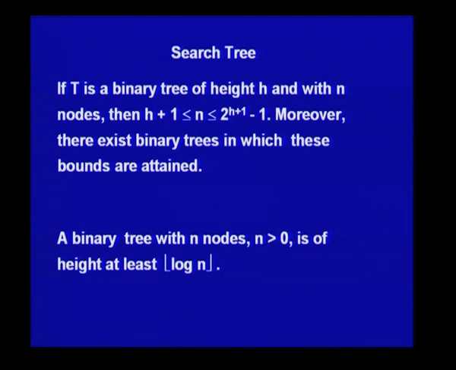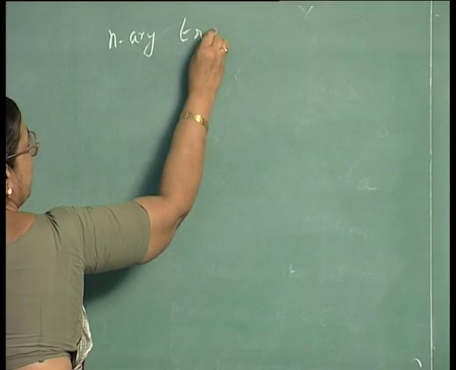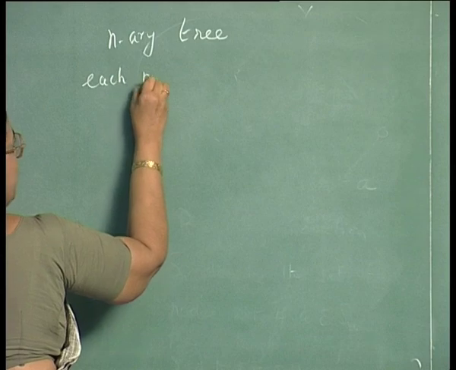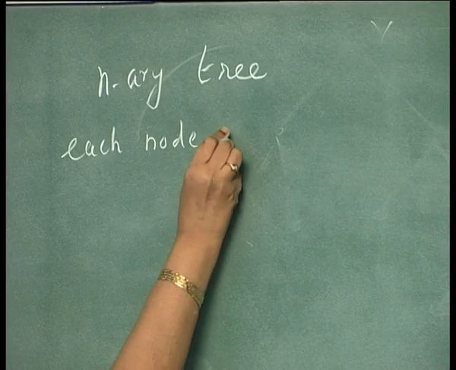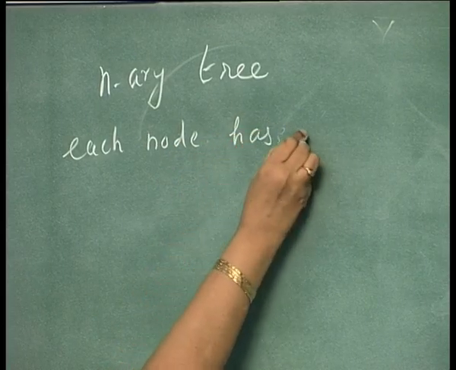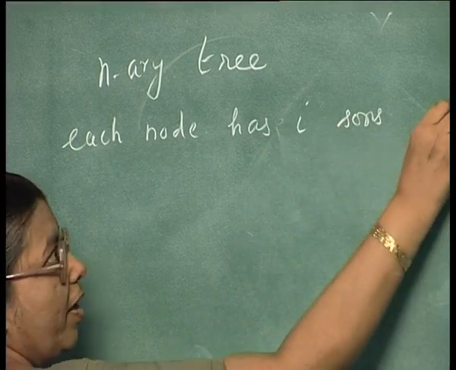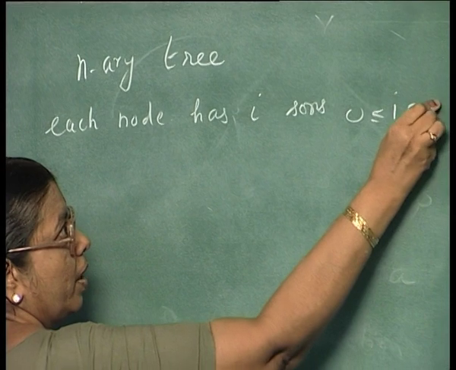Now, what is a complete n-ary tree? N-ary tree means each node will have i sons, where i can vary from 0 to n.